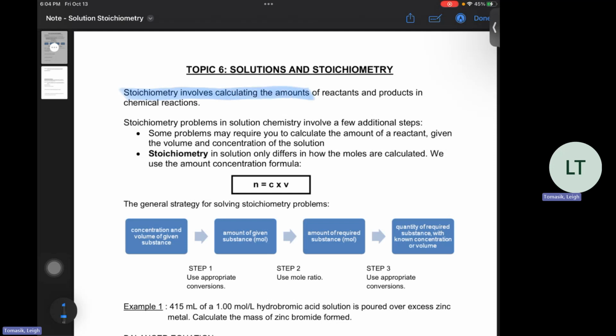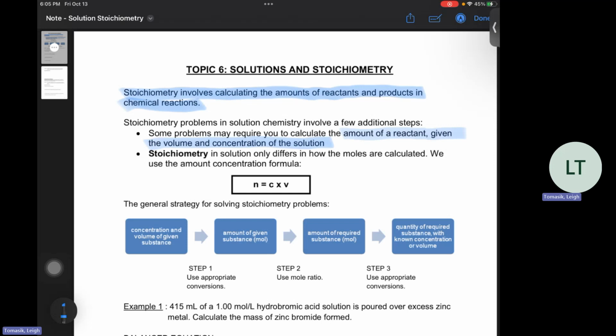Stoichiometry involves calculating the amounts of reactants and products in a chemical reaction. Stoichiometry problems in solution chemistry involve a few additional steps. Some problems may require you to calculate the amount of a reactant given the volume and concentration of the solution.